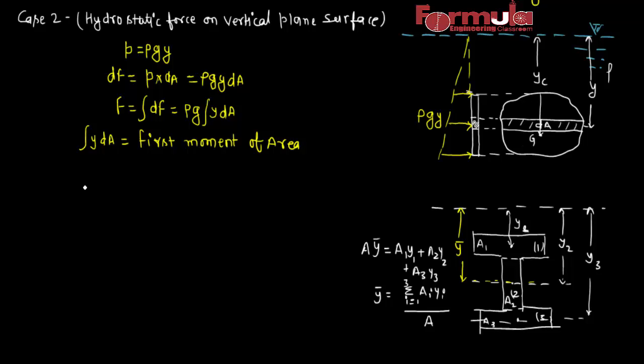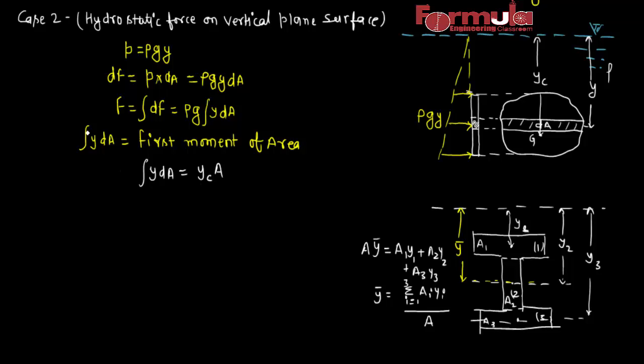So for this case we can write that integral y dA is equal to yc A. As in this case A y bar is equal to the sum of all these things, integral y dA is equal to this.